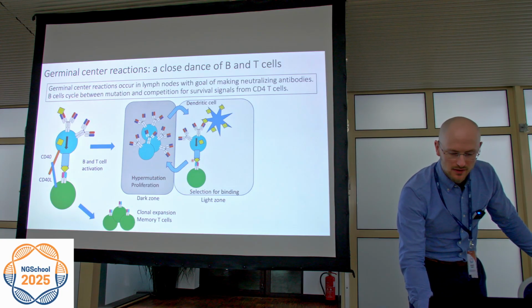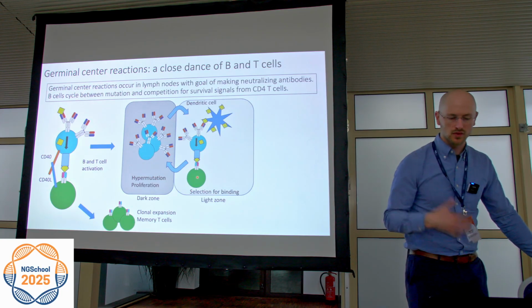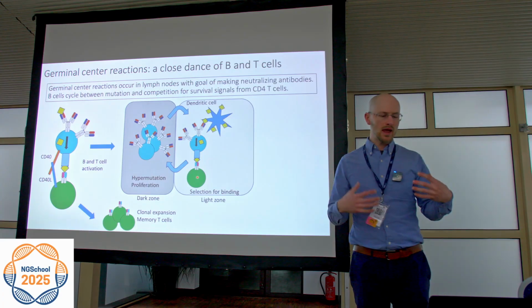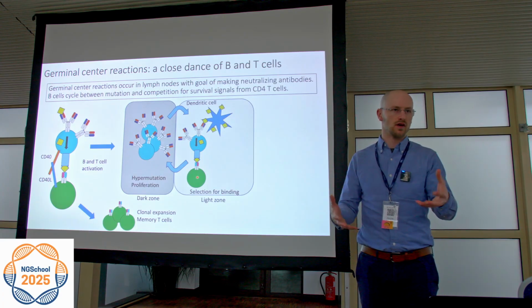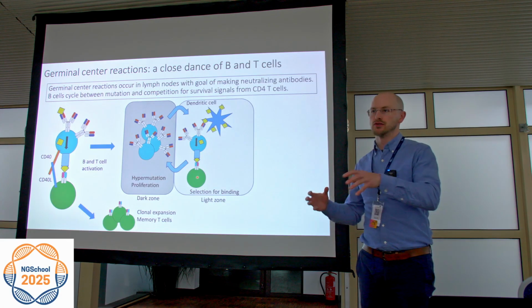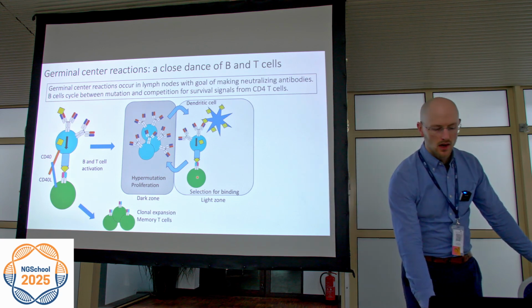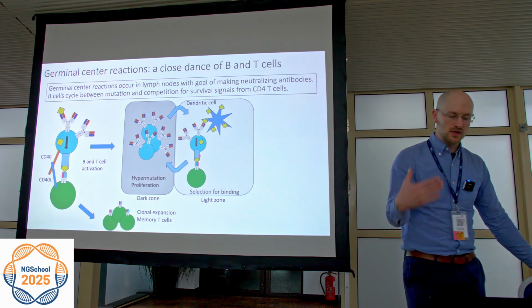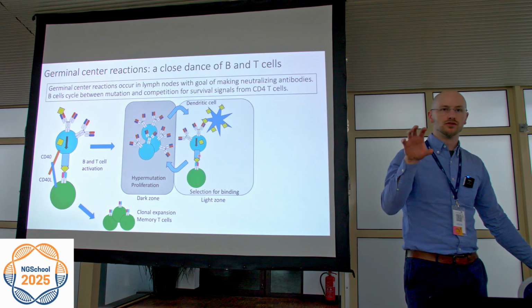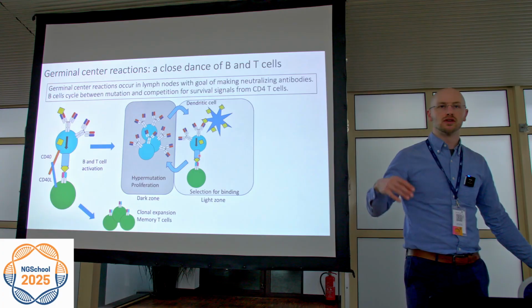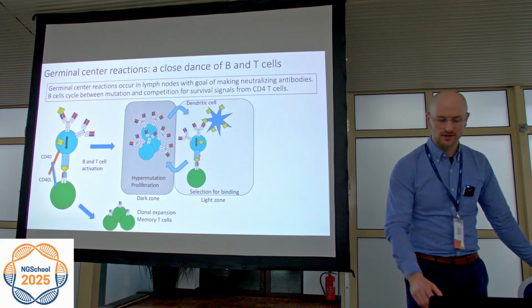They then present those antigens to T cells within the follicle, and they receive survival signals proportional to how many antigens they present. This means that the B cells that are able to bind to more antigen get more survival signals.